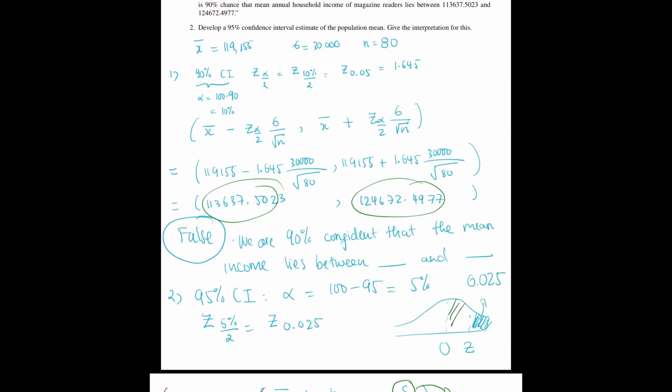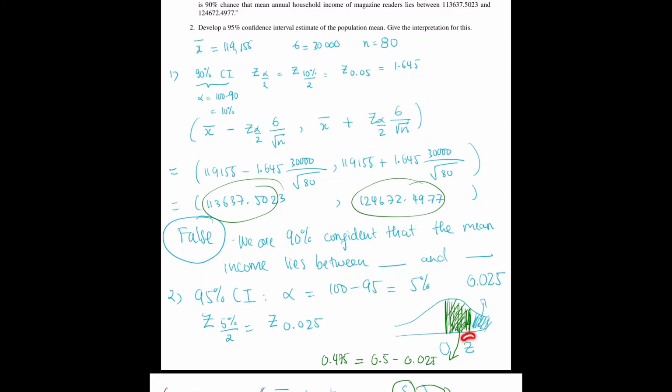So what should this area be? Because I need to figure out what this area should be so that I can use a z table. If I only have this piece of information, I cannot use my z table. Exactly. So you have to take 0.5 minus 0.025, which should give you 0.475.